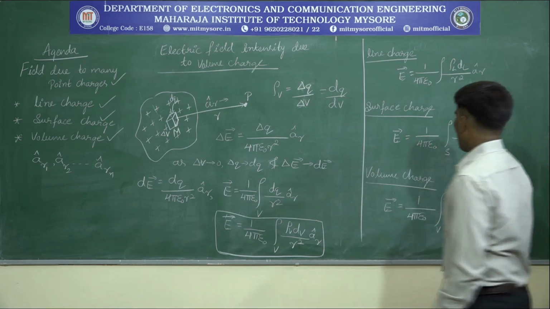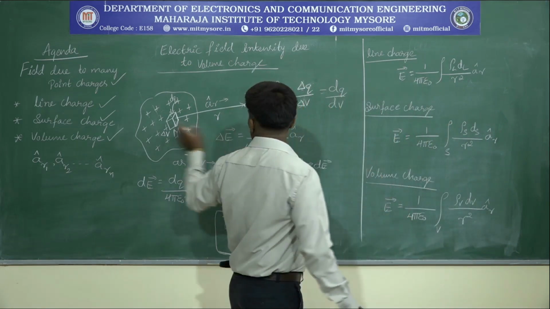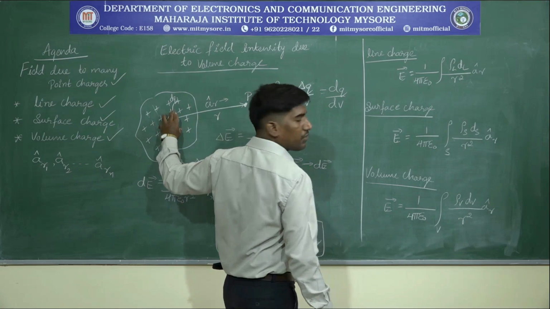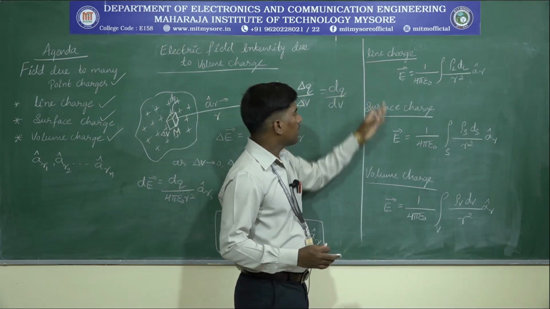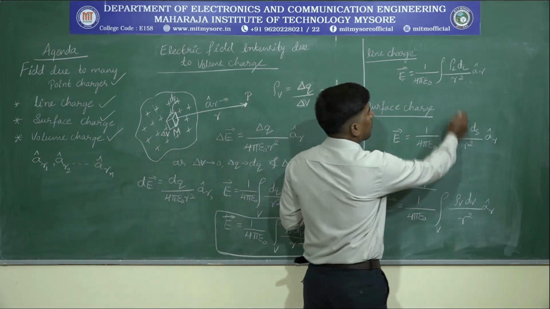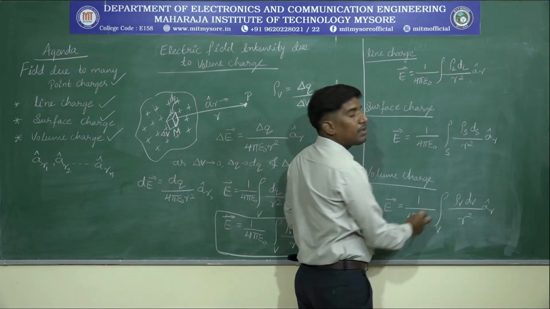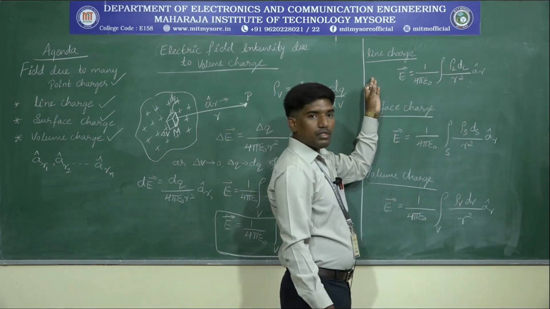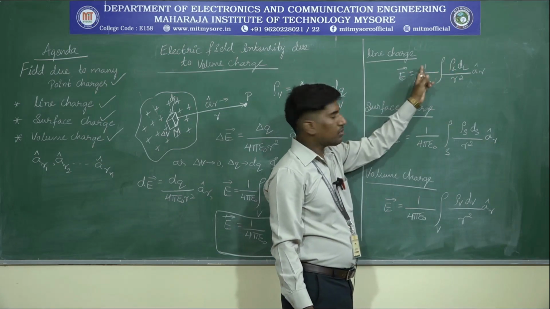Here one more approximation we need to consider. If the size of this volume is infinite, the length of this charge is infinite, the surface area of this charge is infinite, then rho L, rho s and rho v become constant. The length being infinite means rho L becomes constant.